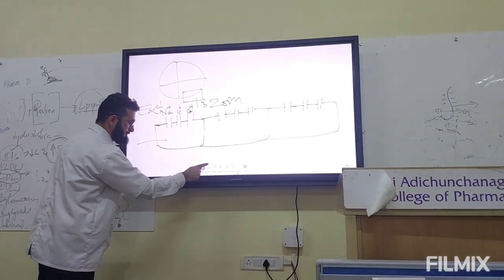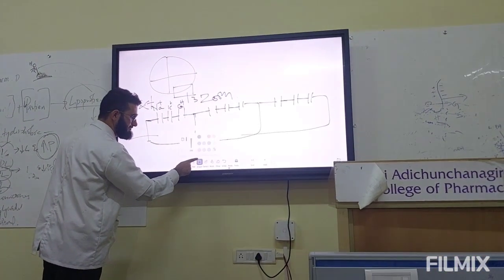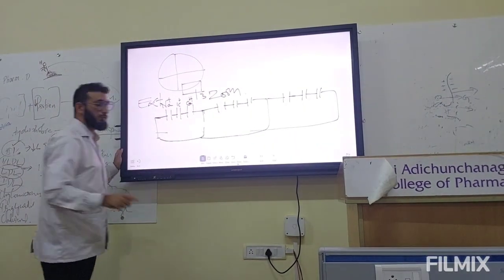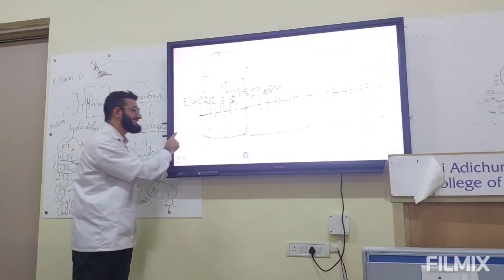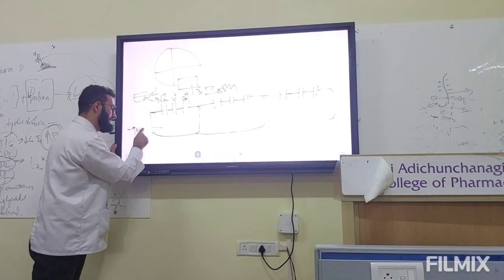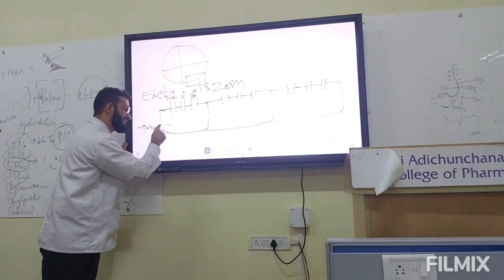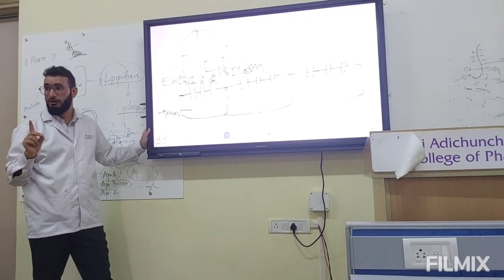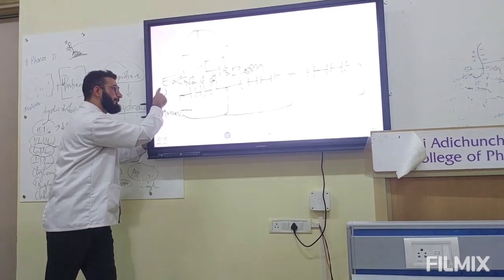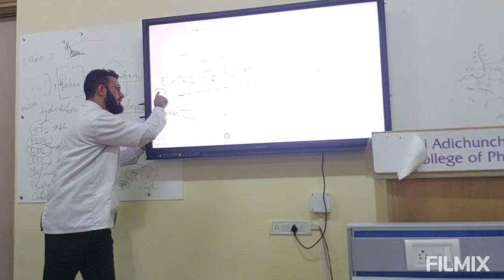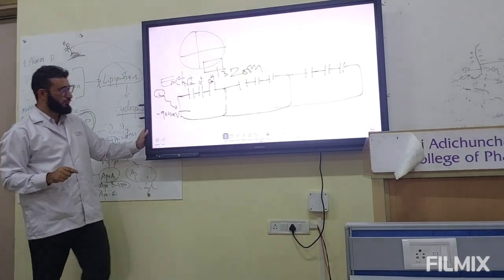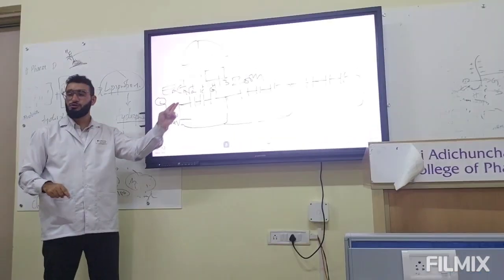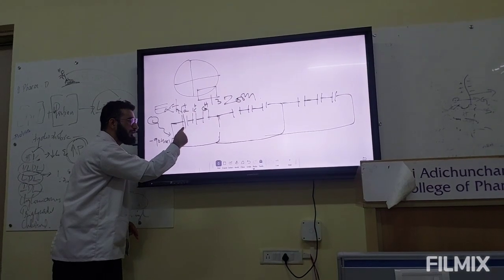The resting membrane potential of the heart is minus 90 millivolts. When there is an appropriate stimulus from the SA node, it is going to cause an influx of sodium.